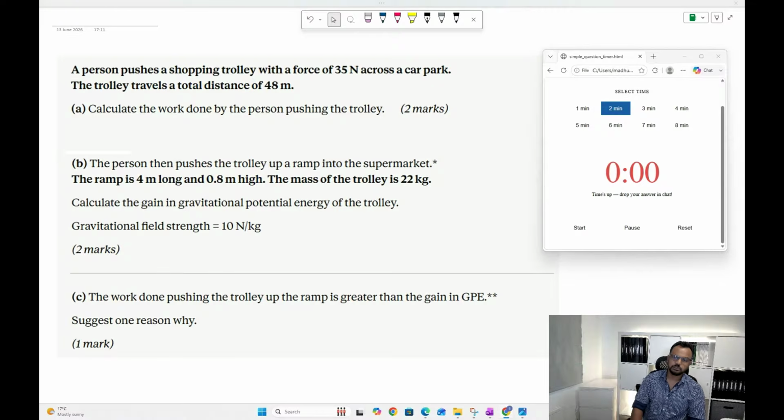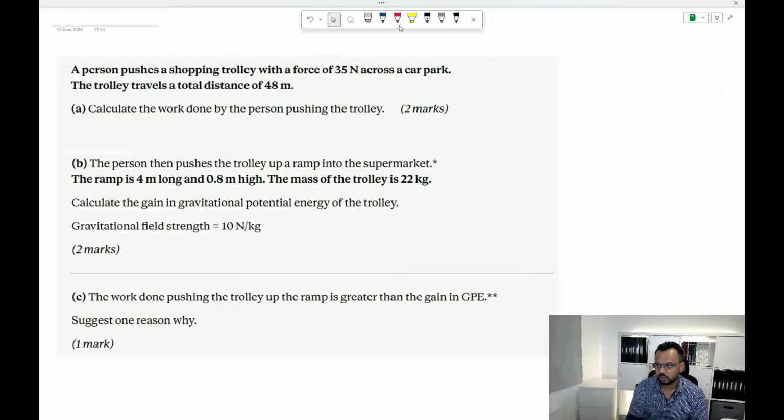Right. Time's up, guys. Let's have a look. A person pushes a shopping trolley with a force of 35 newtons across a car park.